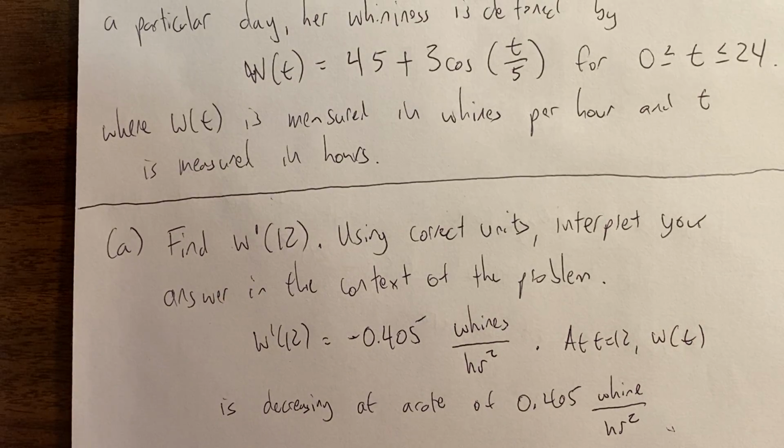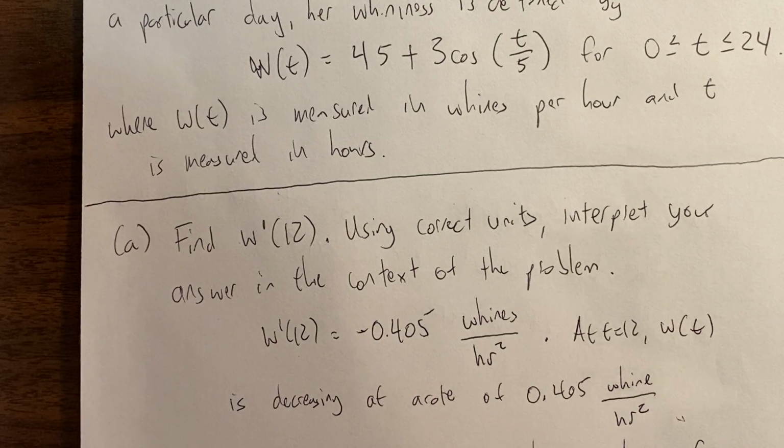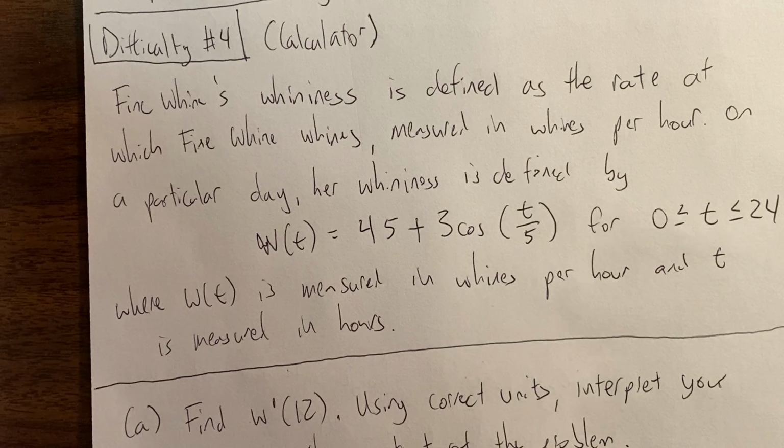Great. How is this any different than other free response questions? Well, a lot of accumulation free response questions want to know whether the amount of wines is increasing or decreasing. So what you would do there is plug in 12 into W, see if that's positive or negative, and that would be the number of wines increasing or decreasing.